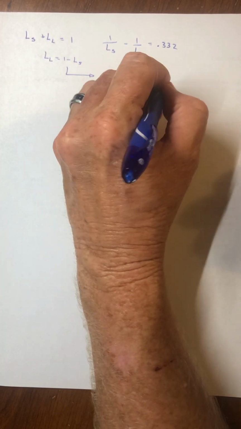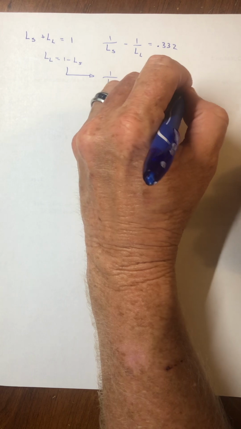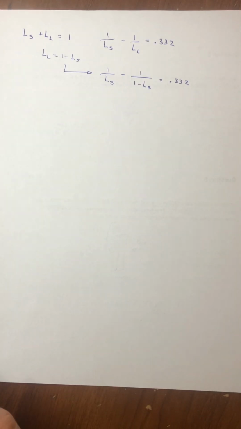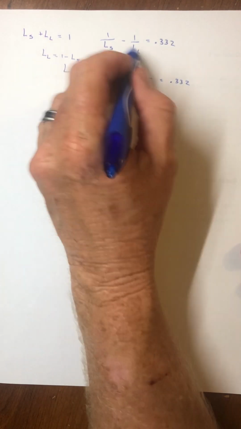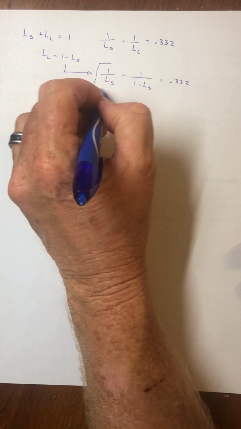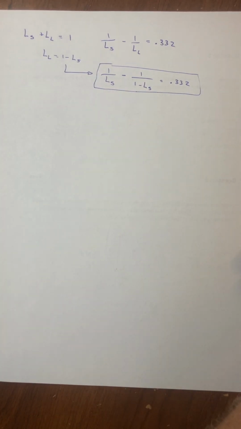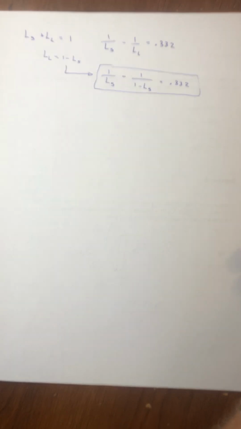And that means I will have an equation that only has the shorter one left over. And that's what I mean by strategic. Let's end up by combining these two equations. I'm going to have one that only has the LS, the shorter one, in it.